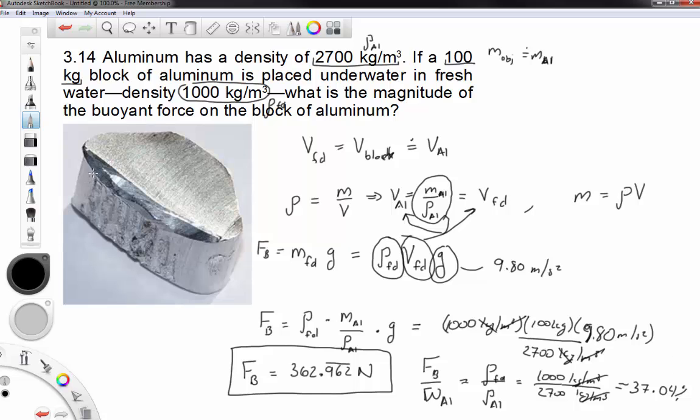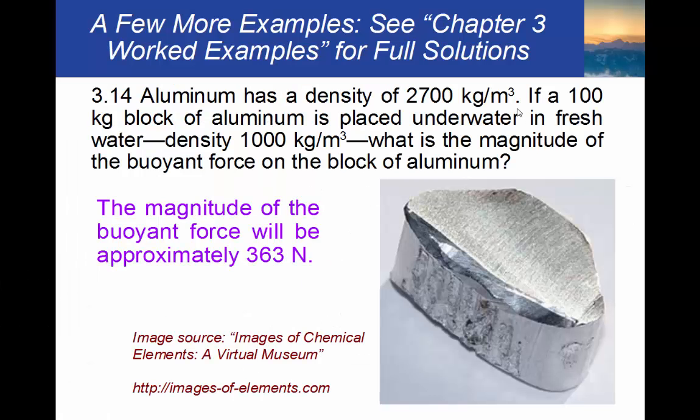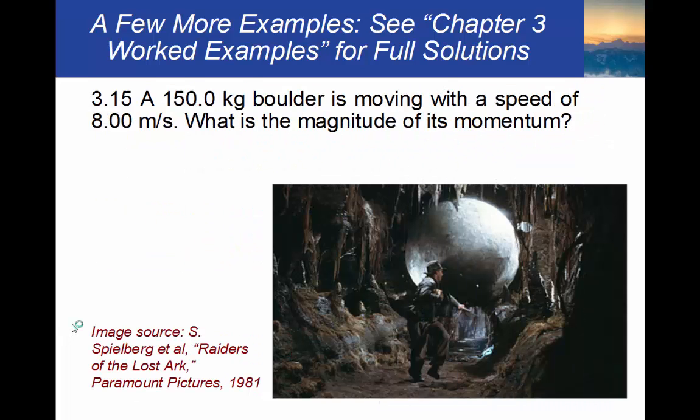All right, so this means it sinks. And if we round off to 3 significant figures, because I'm assuming that this has at least 3 significant figures, this has at least 3, then this means that the buoyant force should be 363 newtons. That's still 37% of the actual weight of this aluminum block.